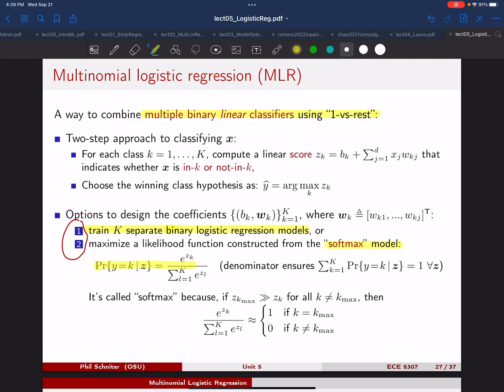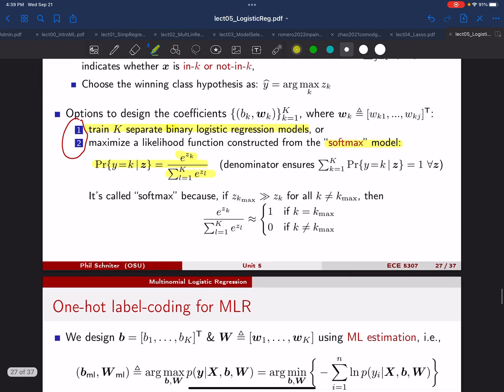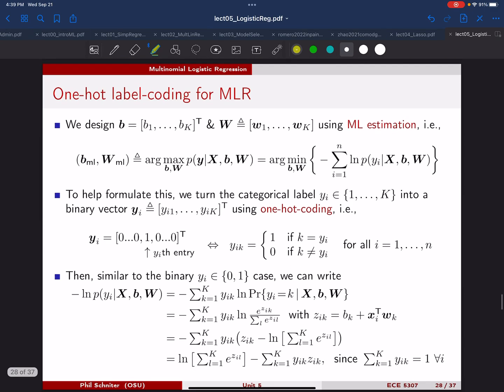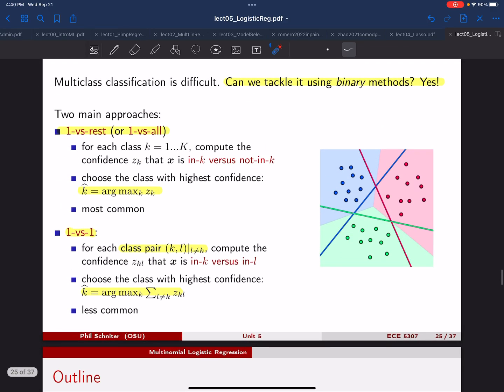This is a new probabilistic model. And because it's a new model, when we do maximum likelihood, we have to modify our derivation a little bit to handle it. It's not so different, but maybe we can go through it now and see what the differences are. Okay, so again, one difference compared to the binary case: we're essentially going to use one-hot label coding, where you could say that we are designing capital K different classifiers.